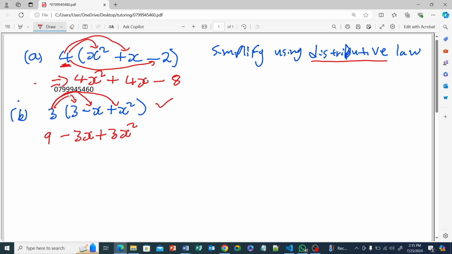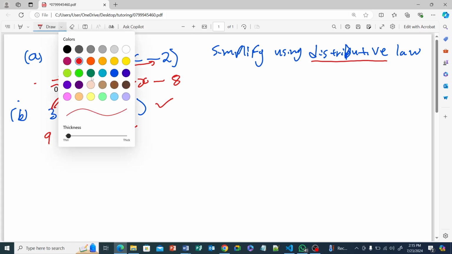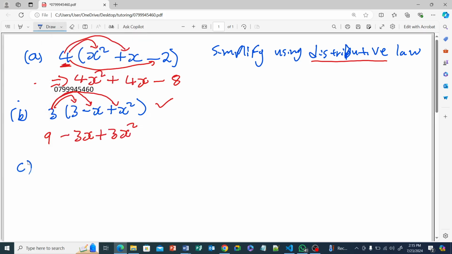Now let's look at the third one, number C. You have 10 into 3x squared minus x plus 2. You're supposed to distribute the 10.